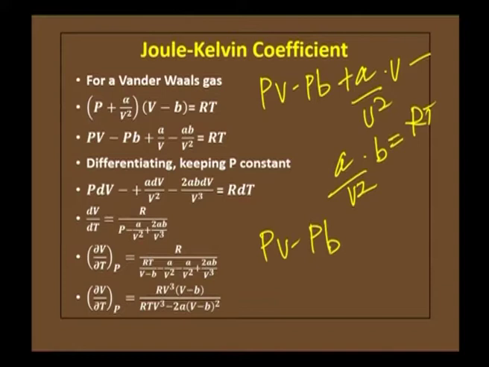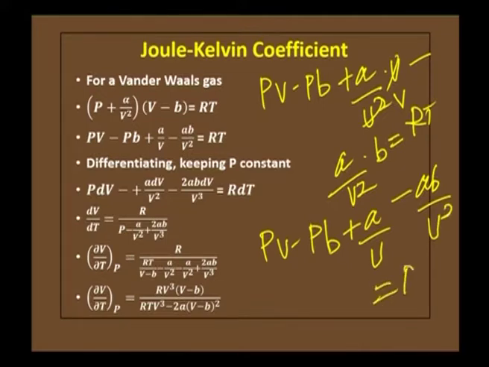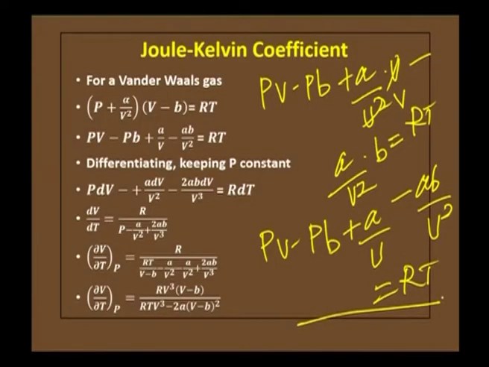So this v and this v get cancelled. Therefore, pv minus pb plus a by v minus ab by v squared is equal to RT. Now, differentiating this equation by keeping p constant.